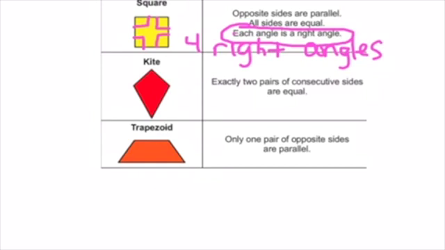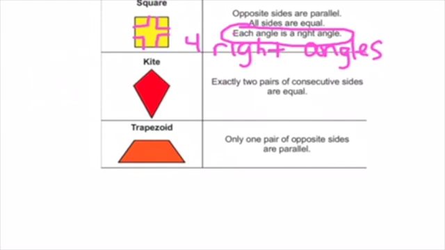Next, we have a kite. And a kite is not like the rhombus we saw. A rhombus kind of looked like that diamond shape, like a slanted square, or like the parallelogram except with all the sides equal. A kite is not like that.